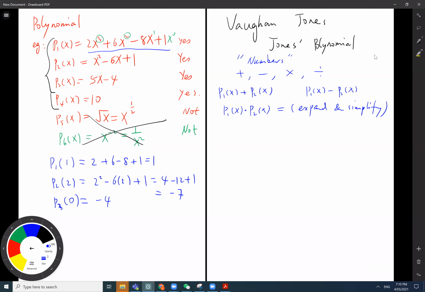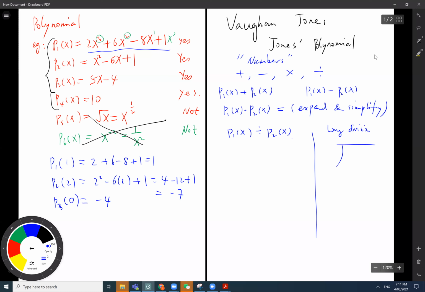Now we try another one. Guys, how do you do P1 divided by P2? How do we do division? This division is called long division. Very similar to here.